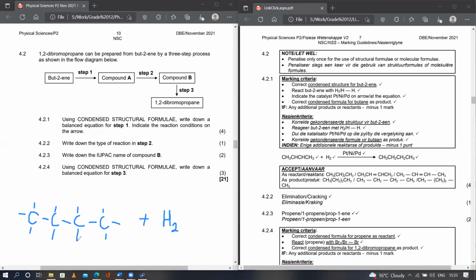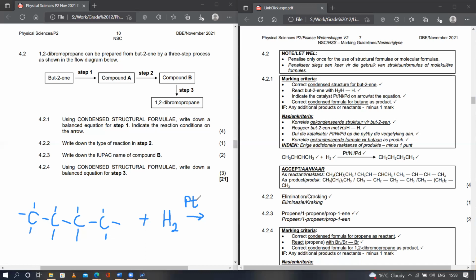But there's a catalyst required for the reaction to occur. In this particular case, the catalyst is most likely gonna be platinum. Most of the time, they're just gonna use platinum. It's usually platinum.